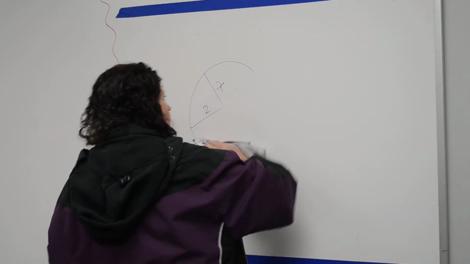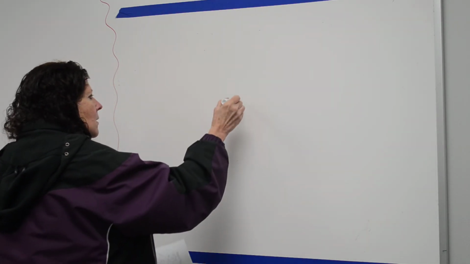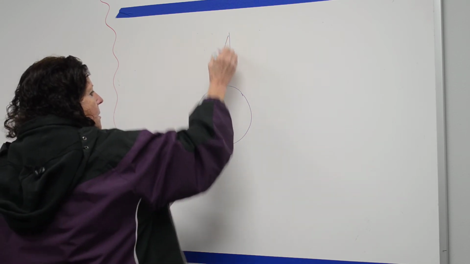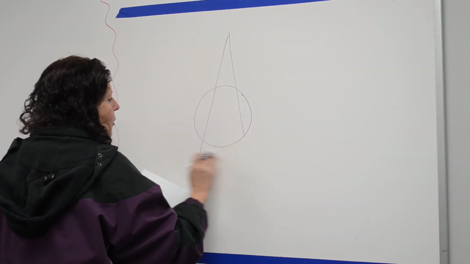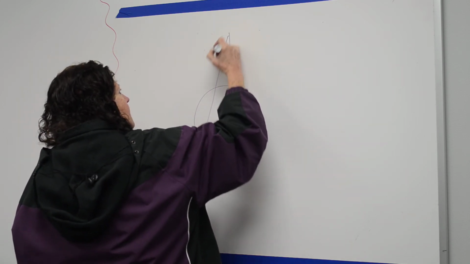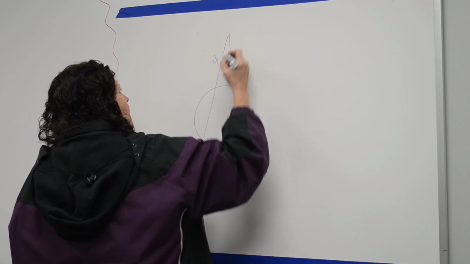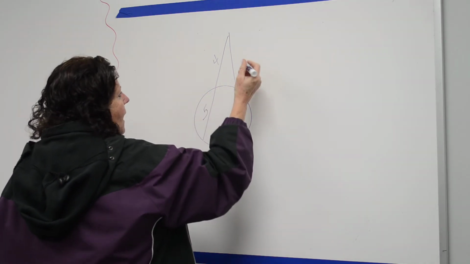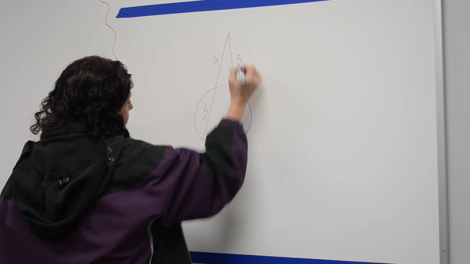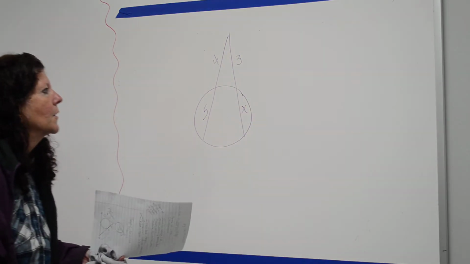I also found that if I have two secants that form outside this, then let's say this is, I don't know, 4 and 5, and let's say this is 3 and x, and I want to solve for that.